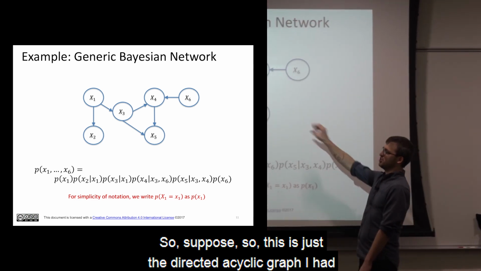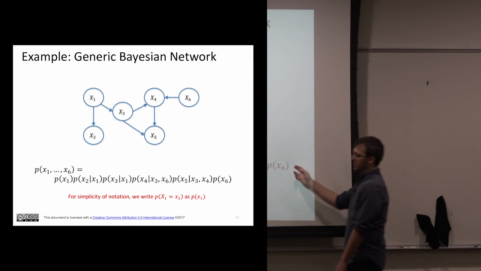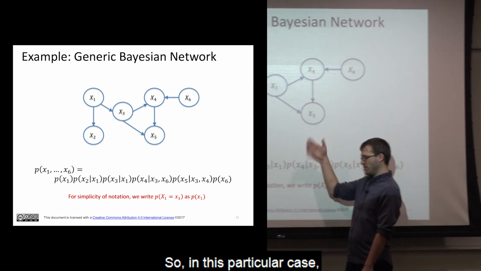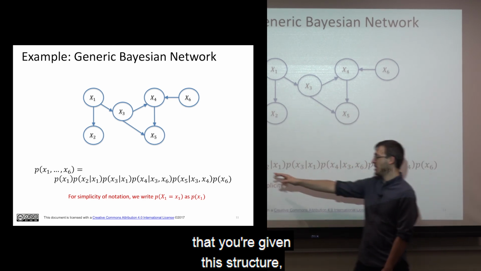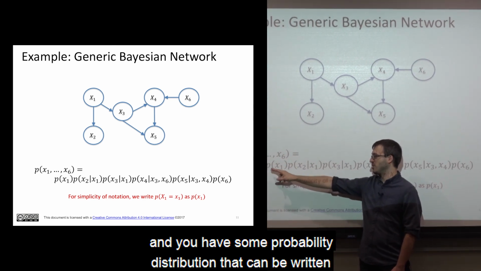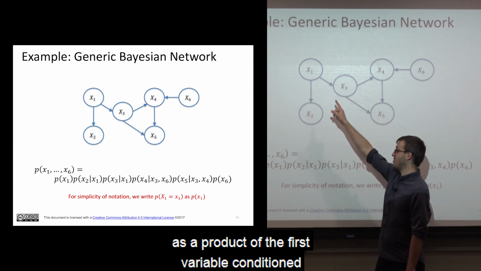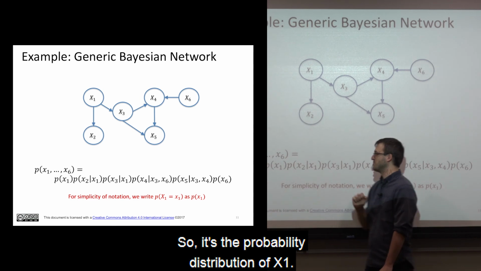So this is just the directed acyclic graph I had from before. In this particular case, the Bayesian network structure assumes that you're given this structure, and you have some probability distribution that can be written as a product of the first variable conditioned on its parents. It doesn't have any, so it's just the probability distribution of x1.